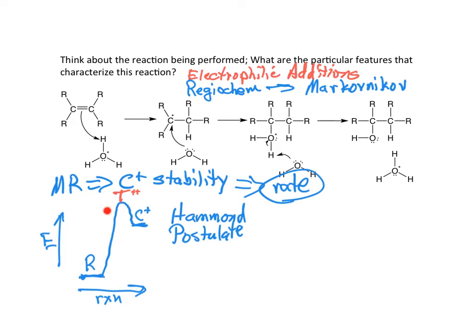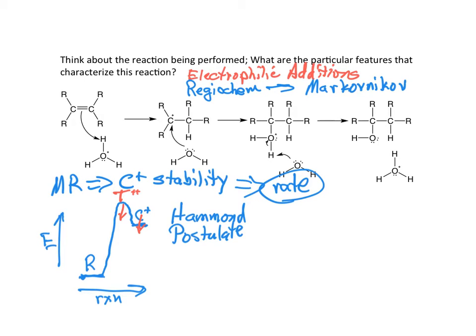And so our transition state, according to the Hammond postulate, is going to look a lot like our carbocation. So things that stabilize our carbocation will probably also stabilize our transition state. And so anything that stabilizes the carbocation and lowers its energy will probably stabilize the transition state and lower its energy for the same reasons.